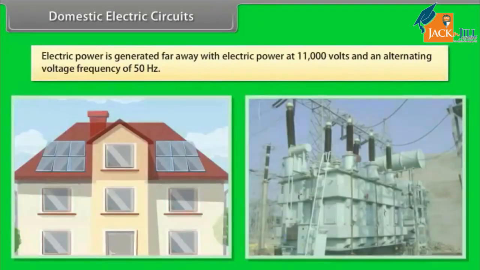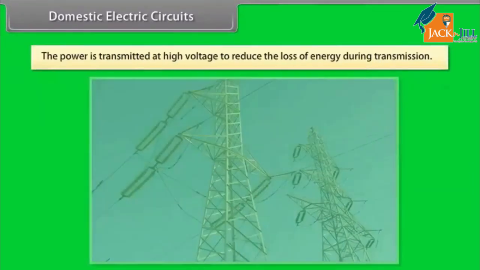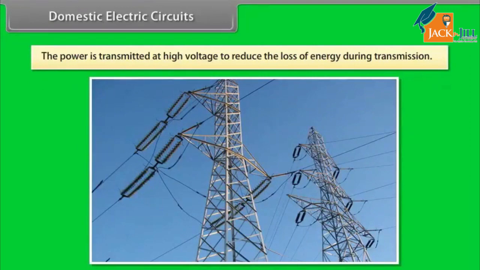Domestic electric circuits. Electric power is generated far away from the places it is consumed. At the generating station, the electric power is generated at 11,000 volts with an alternating voltage frequency of 50 Hz. The power is transmitted to the places of consumption at high voltage to reduce the loss of energy during transmission.